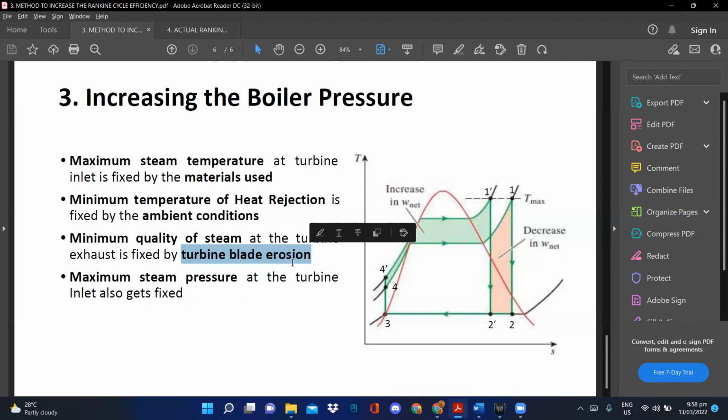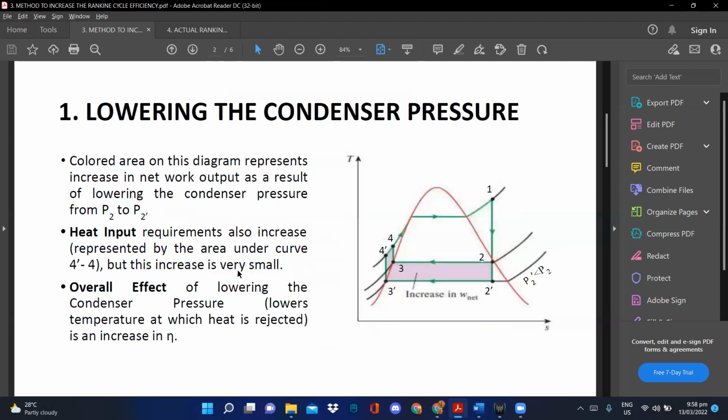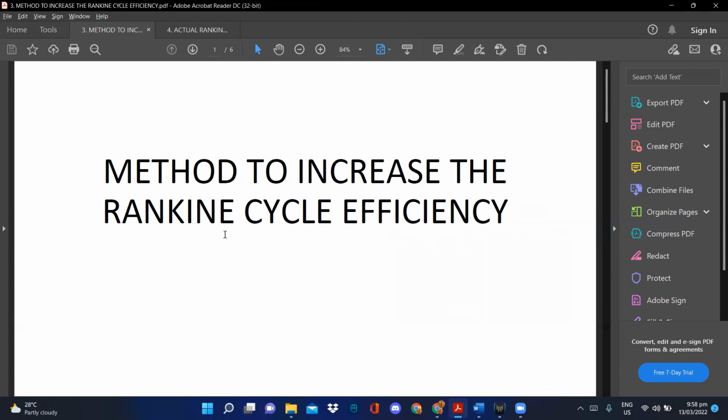So, kailangan pa rin natin ng constant and regular preventive maintenance ng bawat equipment para maiwasan natin yung deterioration due to blade erosion. Maximum steam pressure at the turbine inlet also gets fixed. Okay? So sa madaling sabi, to be able to increase your Rankine efficiency, you have 3 methods.